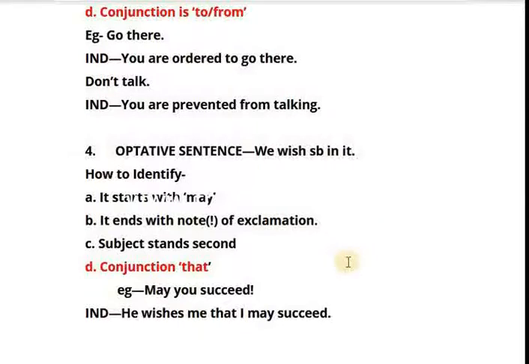Only then will you be able to convert a direct speech sentence into indirect speech, depending on all the conjunctions which we have discussed. And you will have to consider all the facts, all the identifiers which are discussed in this video.